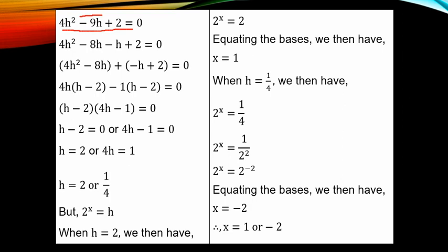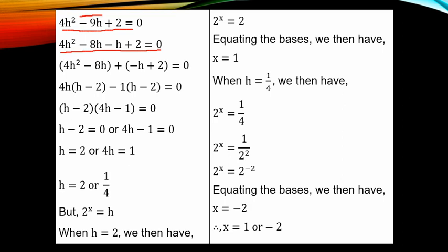So you have 4h squared minus 8h minus h plus 2 equal to 0. The purpose is to have 4 terms that can be grouped to each group.